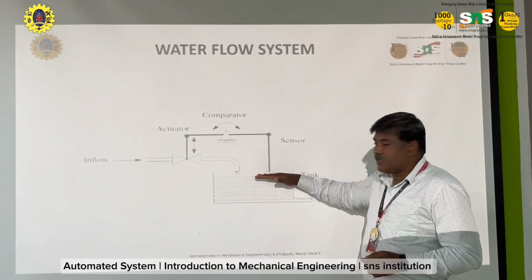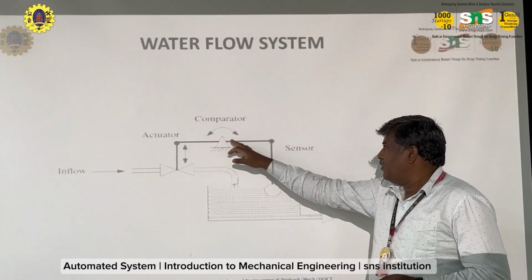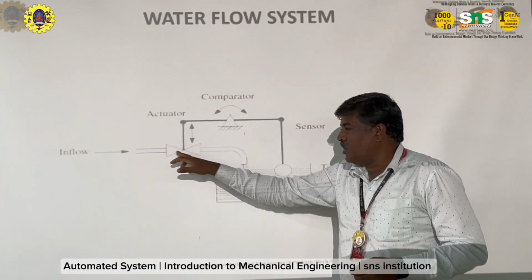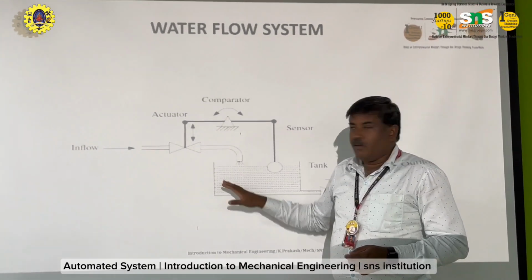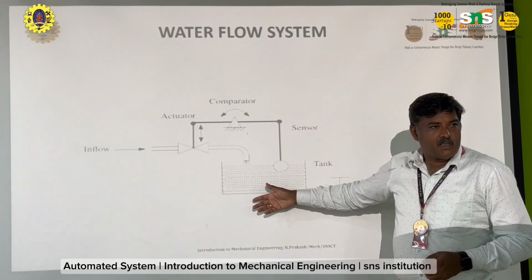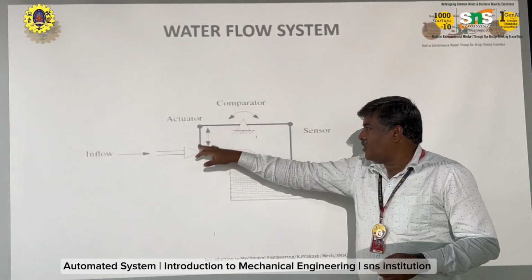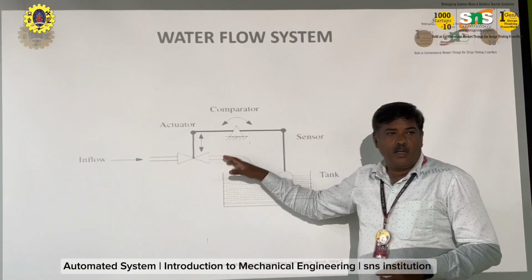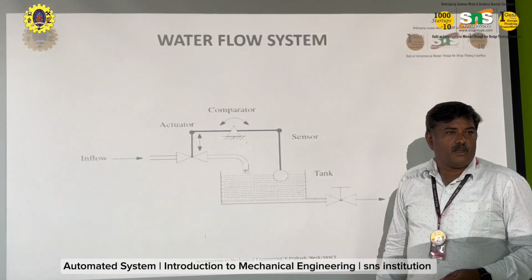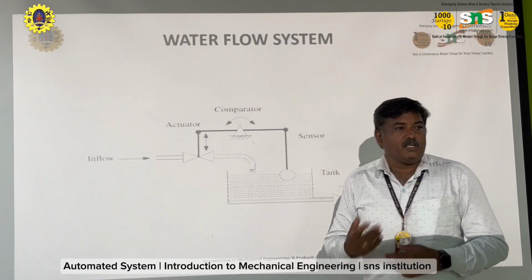When a particular level is reached, it can sense and give a signal, and then by using a comparator and actuator we can control the inflow of water. Without this, the system is a mechanical system. If we use sensors and comparators, and control with actuators, this becomes a mechatronic system, which is called an automatic system. This is the real-time example which supports what is meant by a mechatronic system.